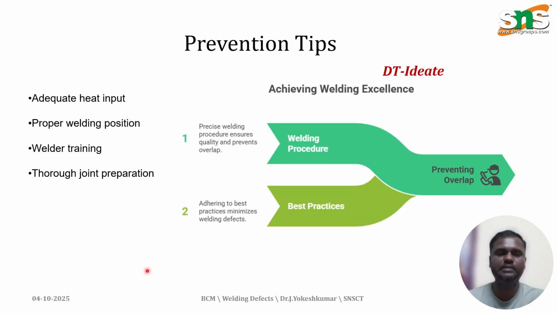Then how to prevent this? We have to properly maintain the heat input, and for maintaining the angle you have to fix the weld position. Welders must be trained properly with the weld parameters, and consistent training should be given. And thorough joint preparation. If the joint is not properly prepared, there may be grease or other dirt, which leads to the formation of overlap.